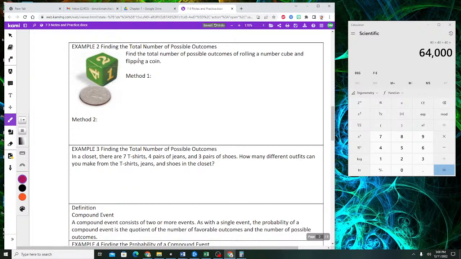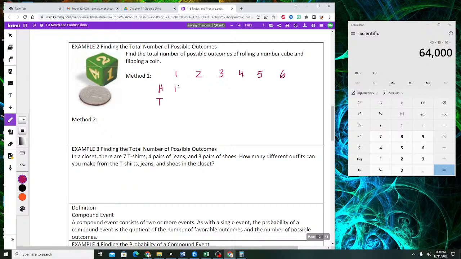So let's look at this one more time. Find the total number of outcomes of rolling a number cube and flipping a coin. Well, rolling a number cube, we've got 1, 2, 3, 4, 5, 6 on a number cube. And then on the coin, we've got either heads or tails.